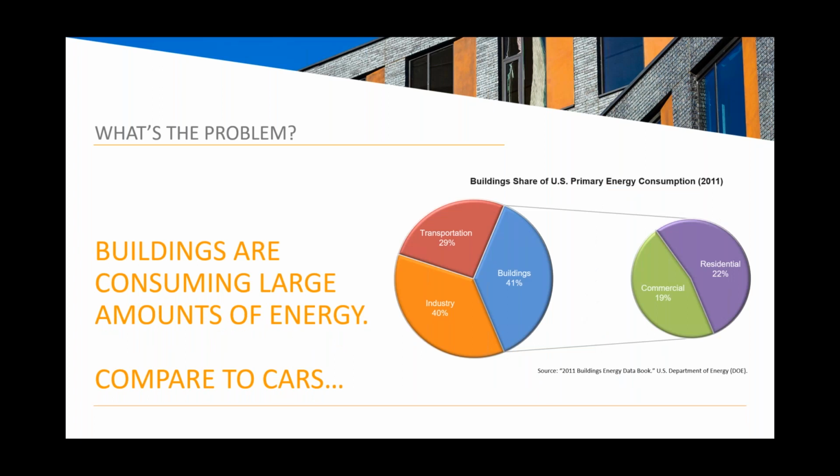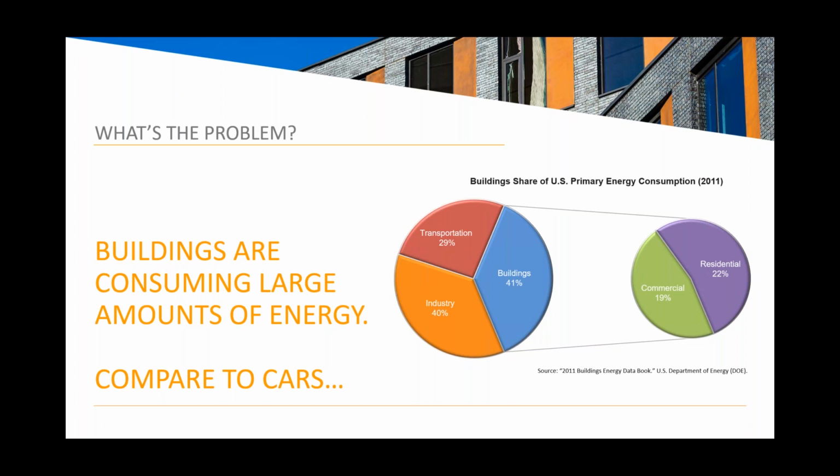And you might say, you know, Jeff, this is great, but why don't you focus on electric cars instead of better buildings? And while that's definitely a subject that needs attention as well, you can see that buildings are much larger than transportation, as I mentioned, and electric cars for passenger vehicles is only one small portion of transportation.